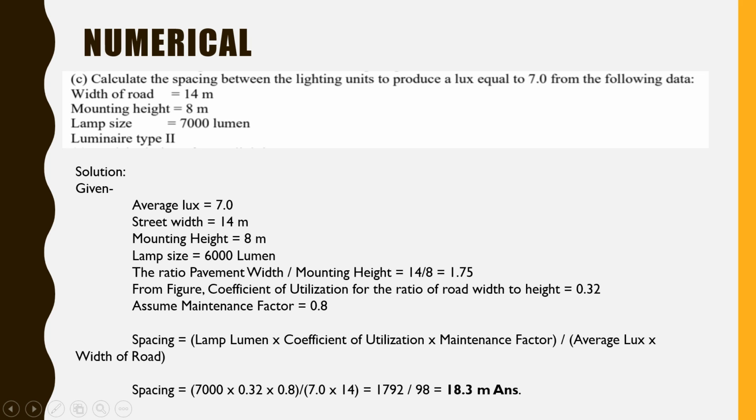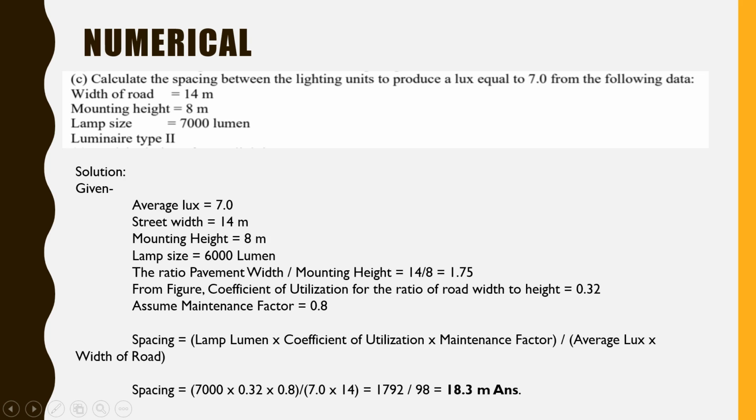Now, in the solution, first we'll write what is given. Average lux is 7, street width is 14 meters, mounting height 8 meters, lamp size 7000 lumen. It was wrongly written earlier, it should be 7000 lumen.